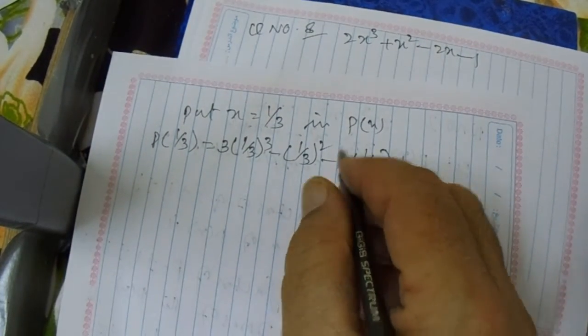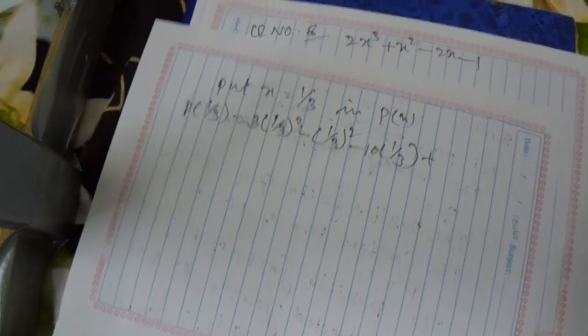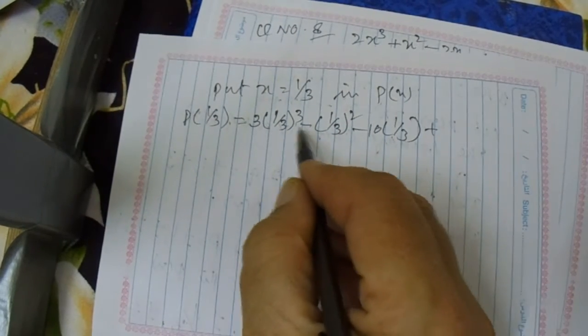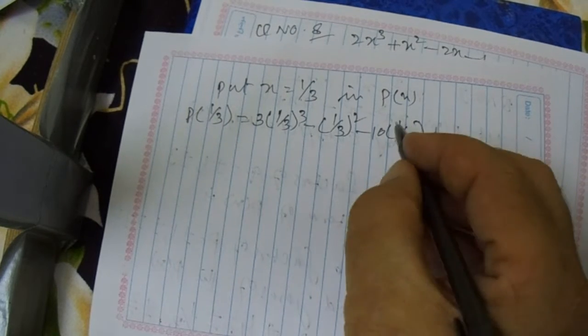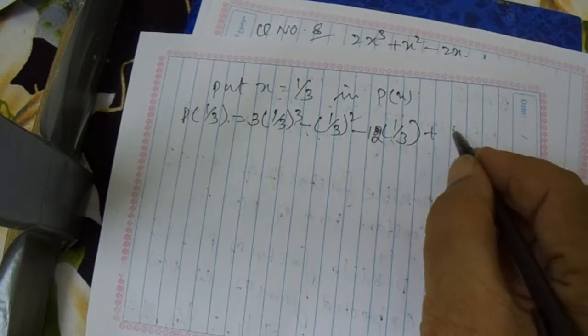Okay, we write this: 3x³ − x² − 12x + 4.